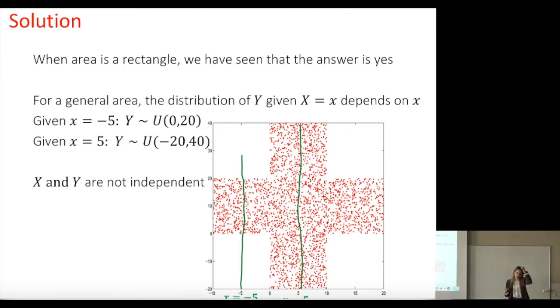But for this area here, they're not, because if we take x equal to -5, then y is uniformly distributed between 0 and 20, whereas if we take x equal to 5, then y is uniformly distributed between -20 and 40. So the distribution of y depends on x, therefore they're not independent.